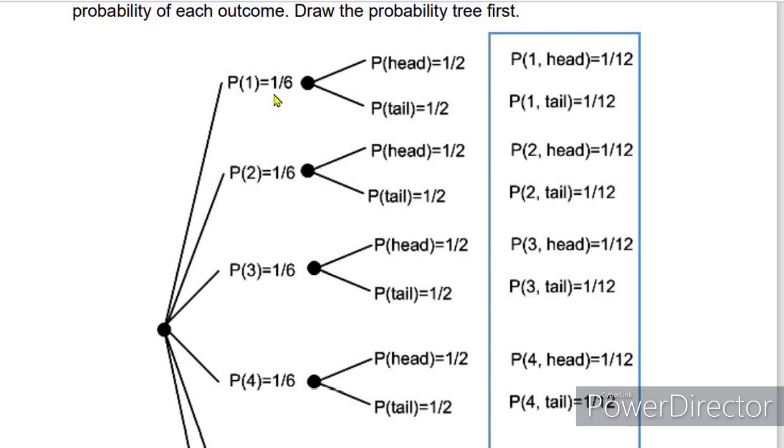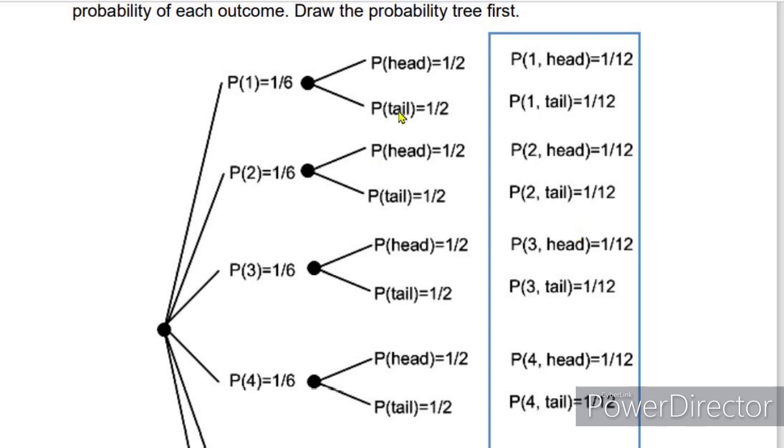Okay, next, this has 2 probability if it is a head or a tail, because after throwing a die, you will toss a coin, which has 2 probability, head or tail. So 1/2. Okay, it's probability. So for the other one, it is the same. Probability number 2, they have all the same probability, because you can only have one result out of 6 in a die, and you can have one head or one tail in a coin. Okay, so they are the same.